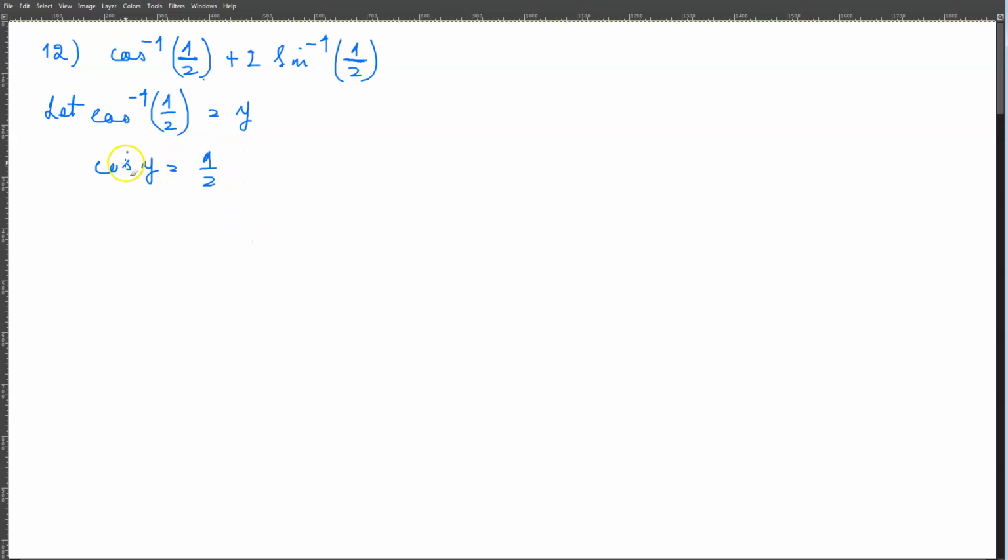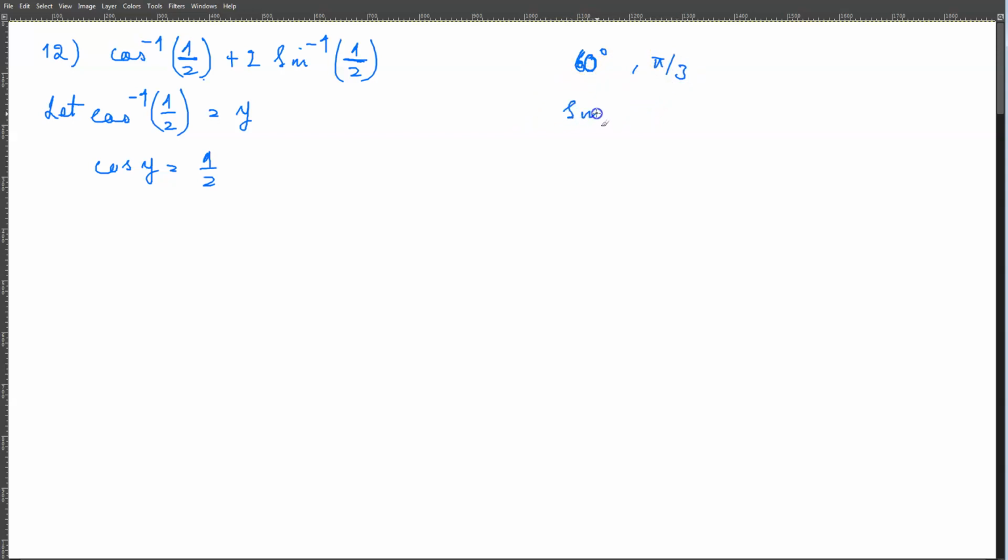So what is some angle whose cos is 1/2? The angle would be 60 degrees, or basically pi by 3, right?